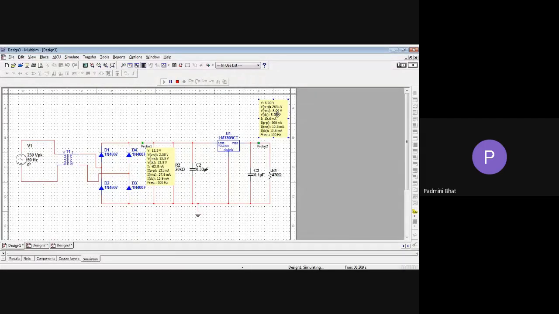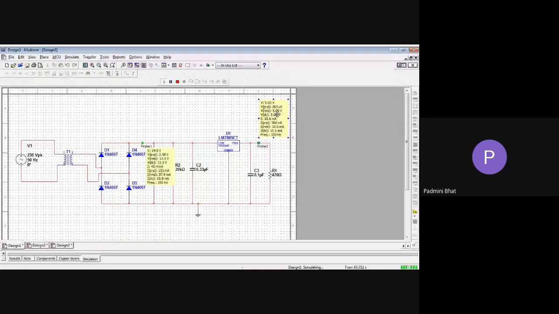Now we have 7805 and all, right? In the regulator, I have explained that a voltage divider circuit will be there. That resistor, if we use it as a variable resistor, then I can have a variable regulator. Now actually it is available in the market also. It is a series of LM317.